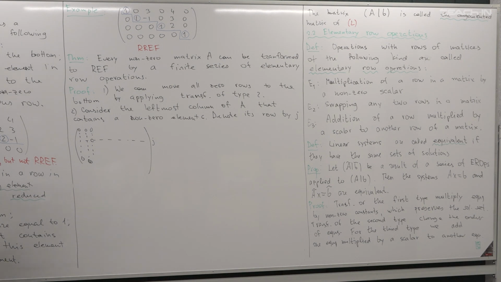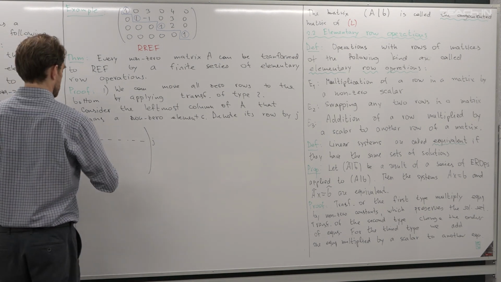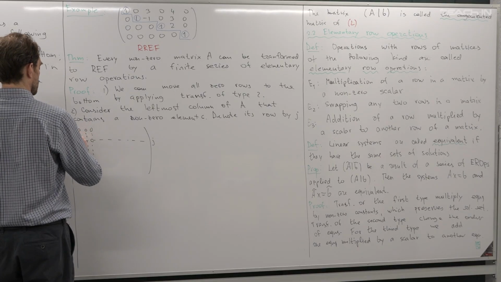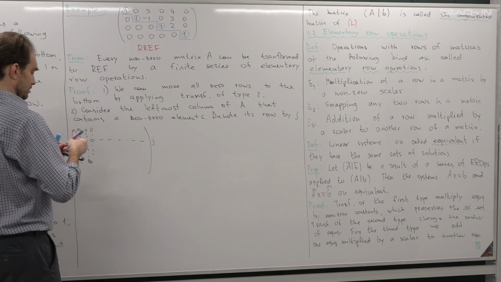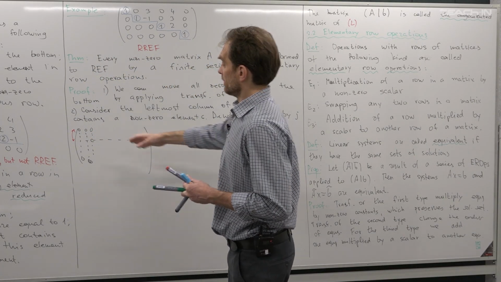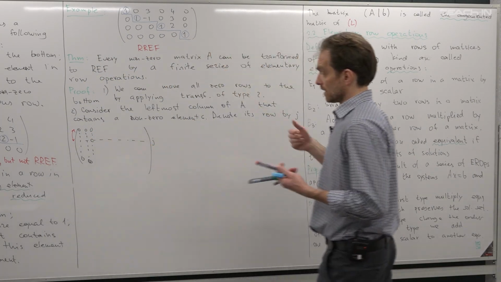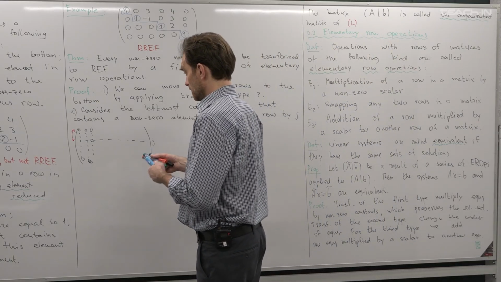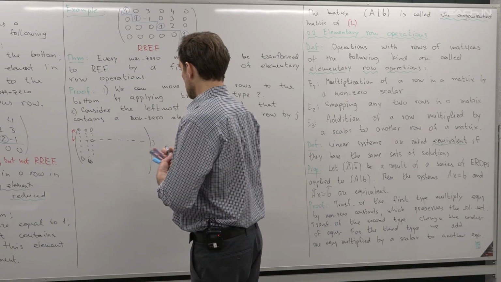We can first swap this row with the first row, and then divide it by C, so multiply it by 1 over C. Or we can first multiply it by 1 over C and then swap with the first row.